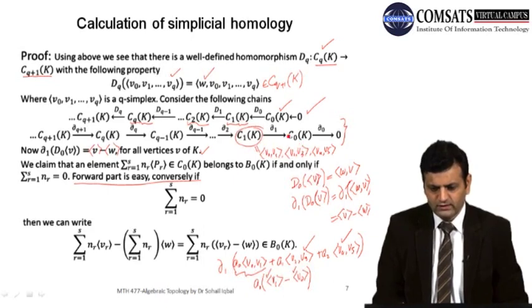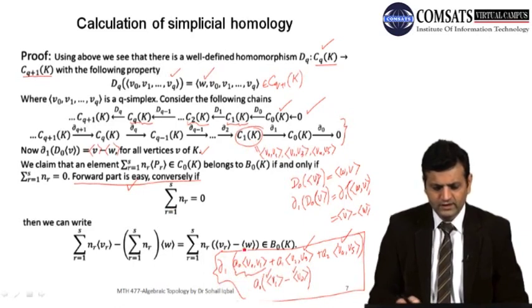Okay, so in the elements of b naught, which are images of the elements of c1 of k, we can always observe that the sum of the coefficients is 0. So the forward part is easy. In general we can write it down properly as well.